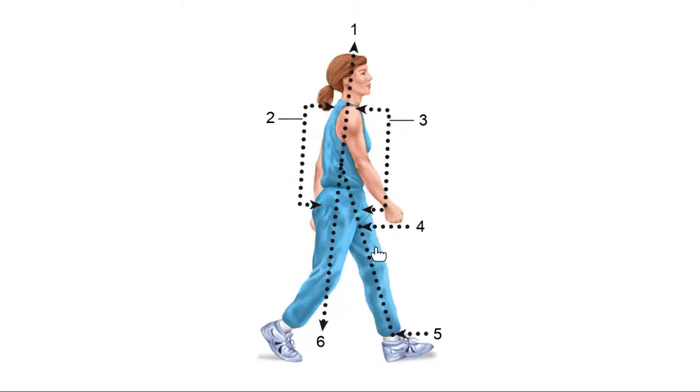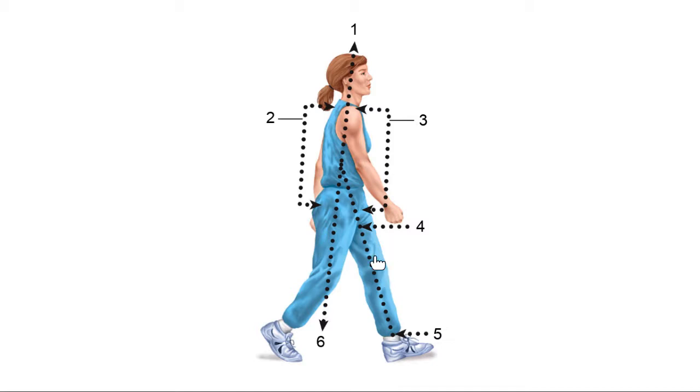The next picture talks about the directional terms. You know that number 1 means toward head. We call it superior. And number 6 is toward our feet or away from our head, and we call it inferior.